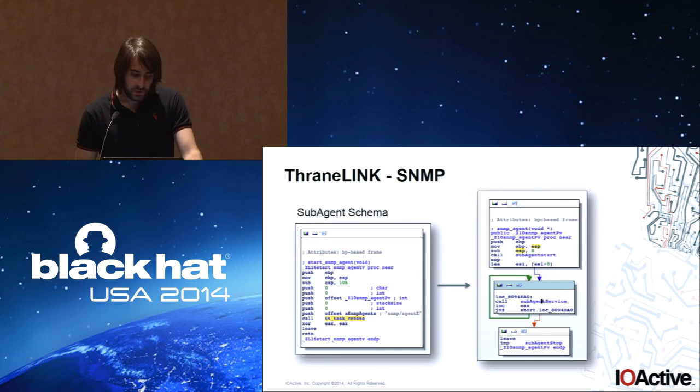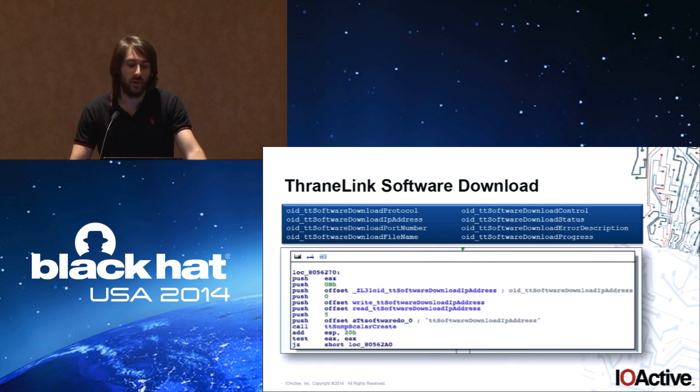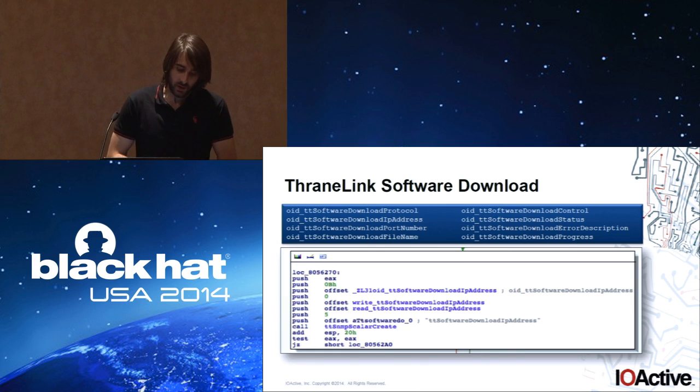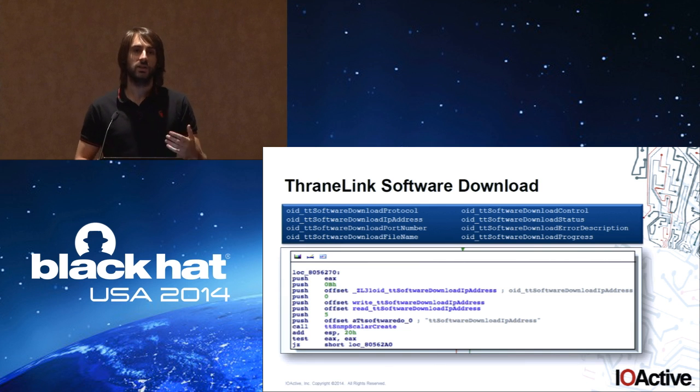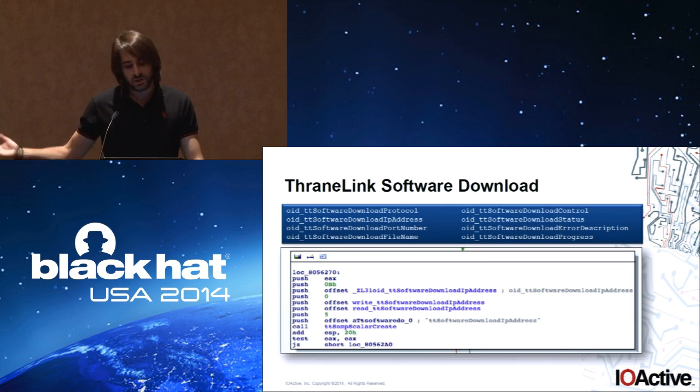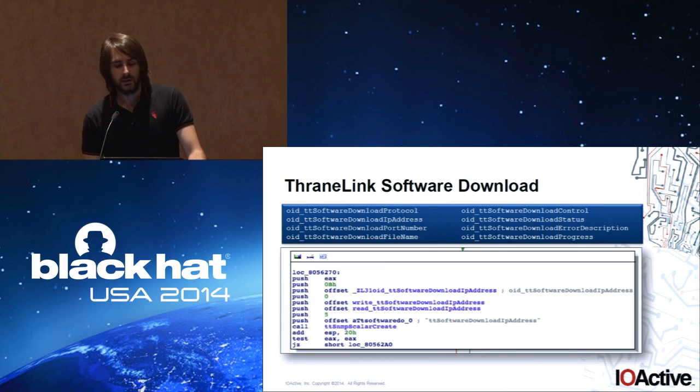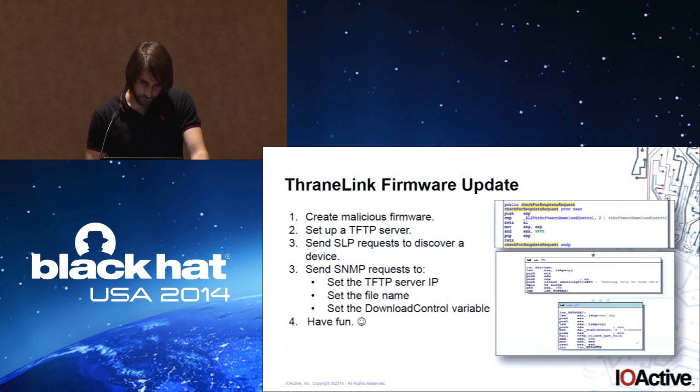They use SMB with some OIDs that basically allow you to set a server from where the device is going to download a firmware file. You can obviously set the file name, the part number, which by default is DFTP, the IP address, and then there are some other OIDs that are intended to keep track of the update progress.